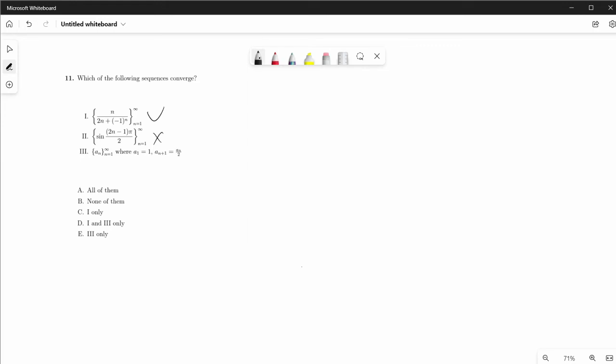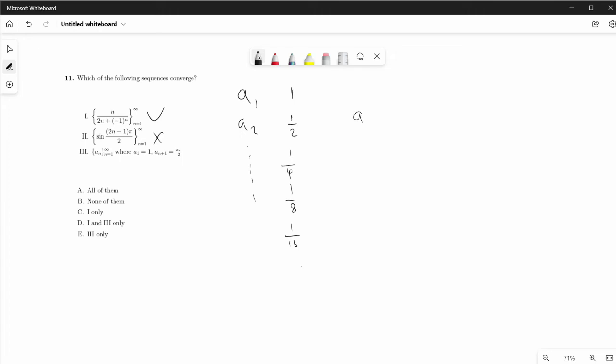So the simplest way to visualize this is to just write it out. We have a1, a2, and then we have 1, and that divided by 2 is a half, and then a3 would be a2 divided by 2. And then it grows smaller, smaller, smaller. This is a trend that continues.